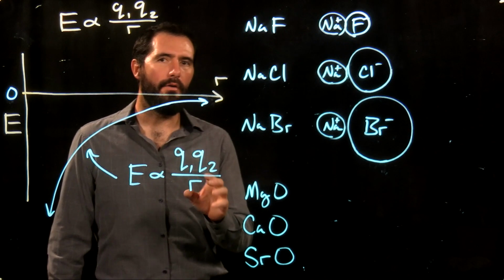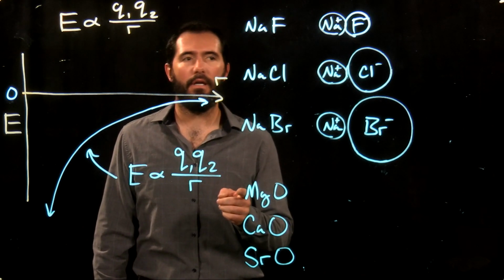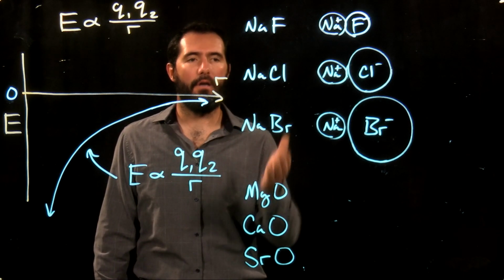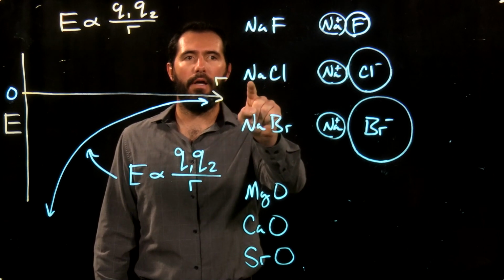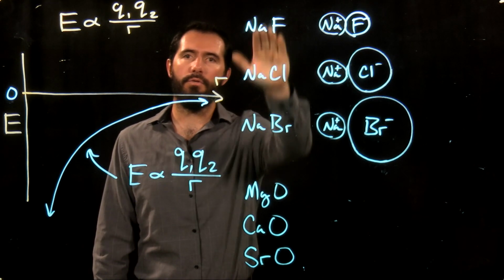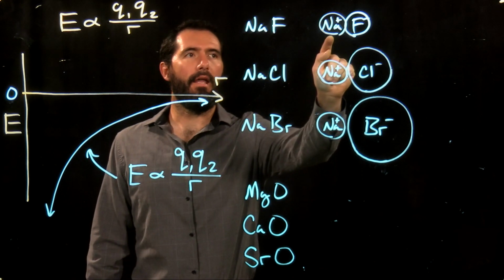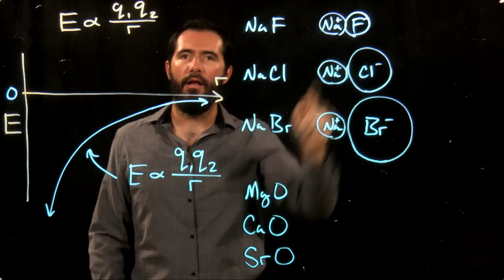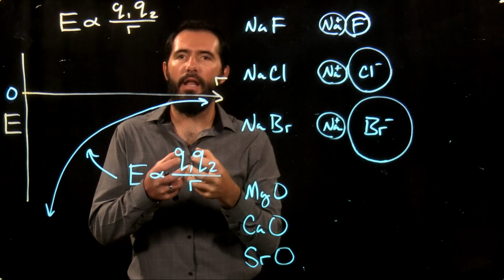Coulomb's law can be used to rationalize several observations in chemistry. The one I'm going to discuss right now is the melting points of inorganic salts. So I've written sodium fluoride, sodium chloride, and sodium bromide here. We'll start with these three. Notice that these salts are comprised of a cation and an anion that are interacting because they're positive and negative charges.